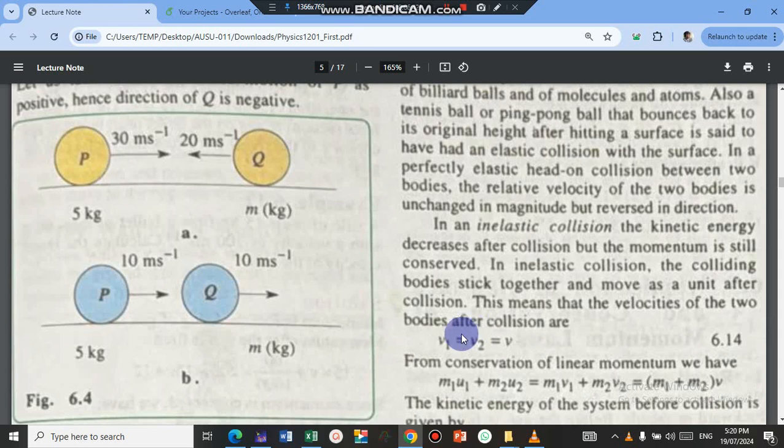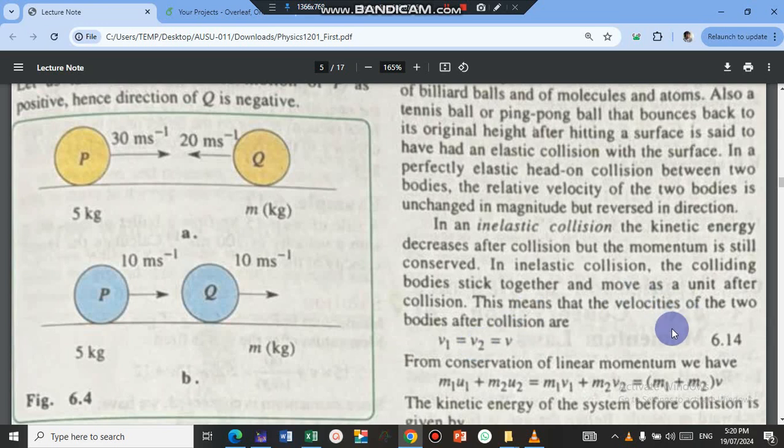Like if someone fires a bullet from a gun and the bullet hits a target, now the target and the bullet move together with a common velocity. This type of collision is called a perfectly inelastic collision.